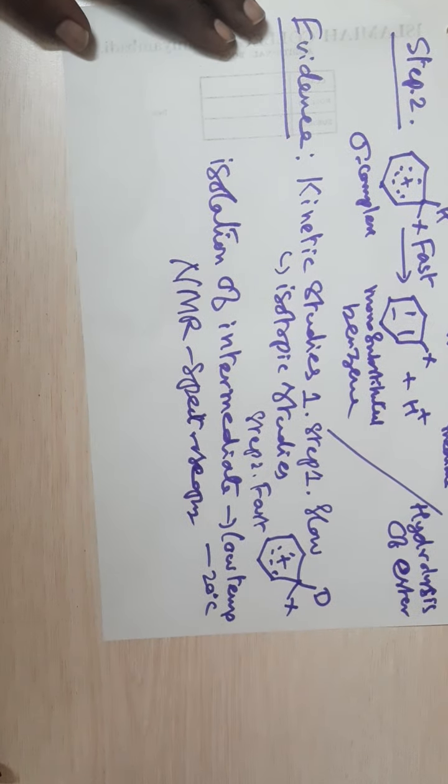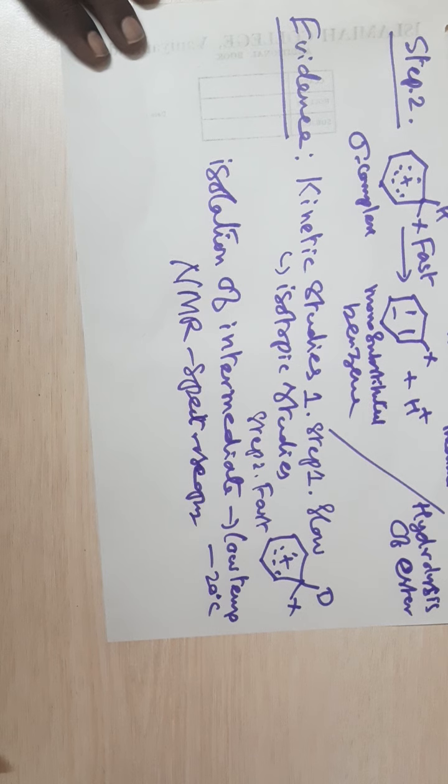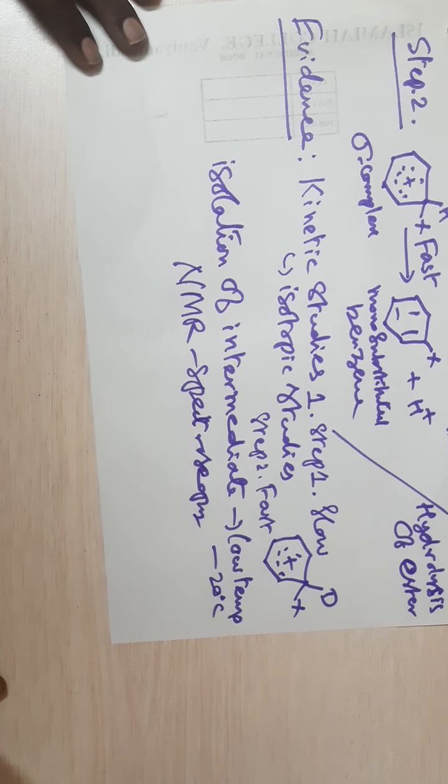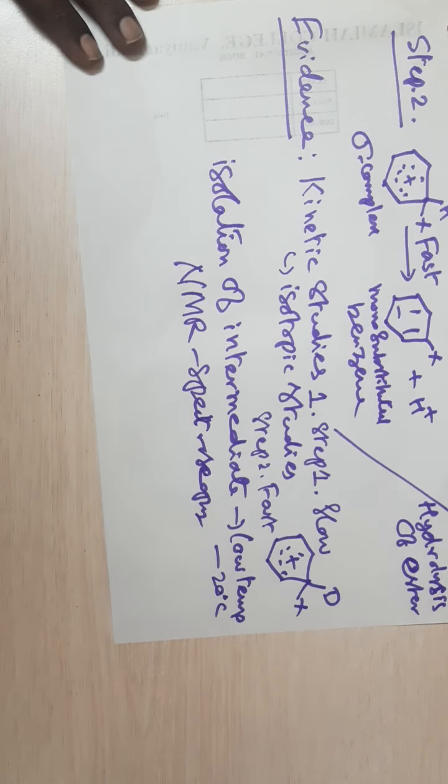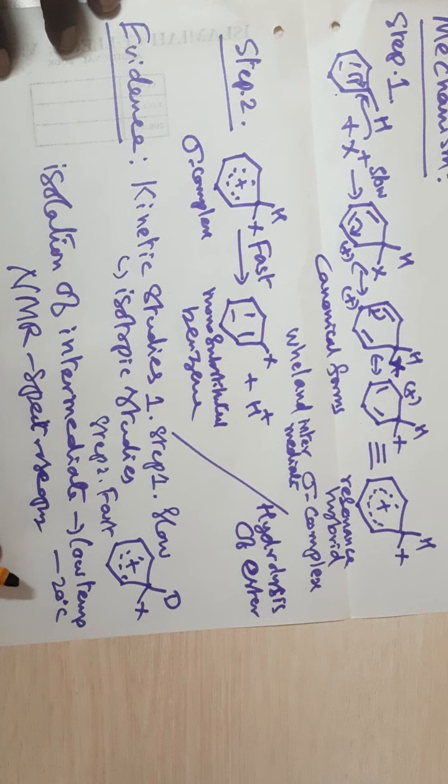Such a study has confirmed that the sigma complex is formed, in which there is a sigma bond between carbon and the entrant, namely the substituent X. The pi cloud is partially delocalized and the positive charge is also partially delocalized over the 6 carbons of benzene. So isolation of the intermediate at low temperature and its spectroscopic study confirms the structure of the sigma complex, resonance hybrid or valent intermediate.